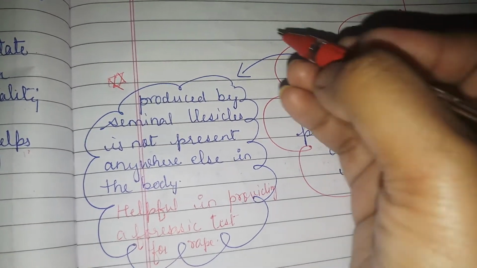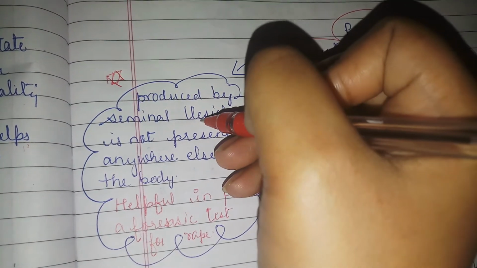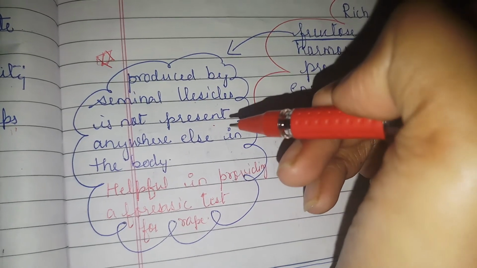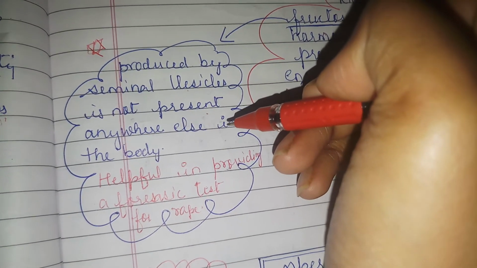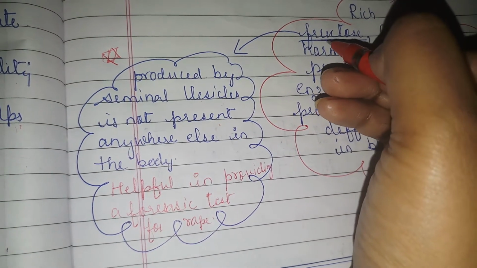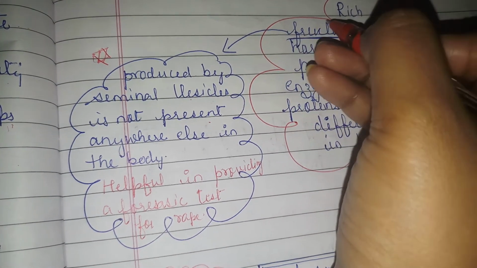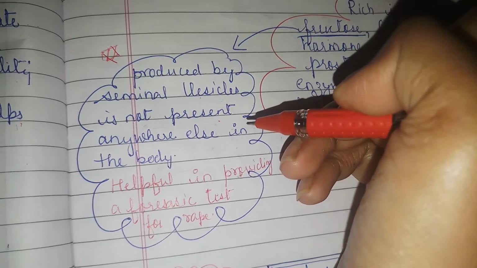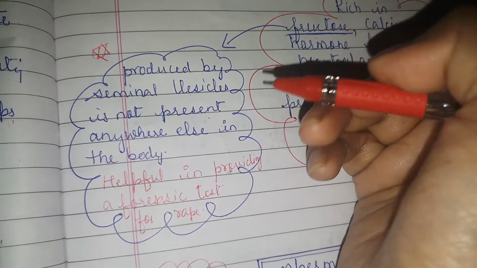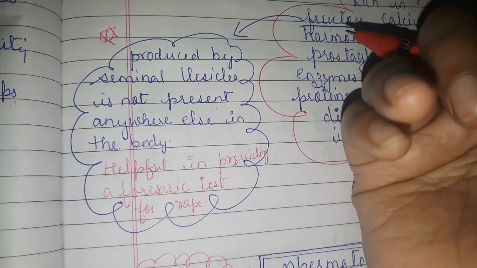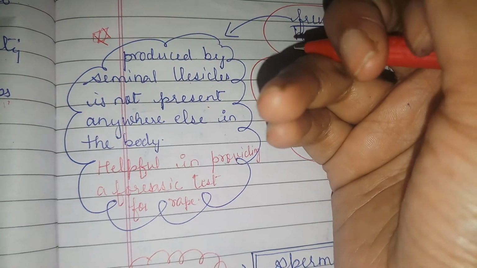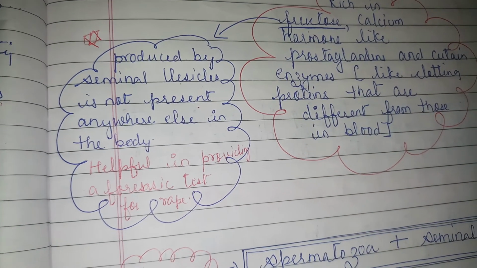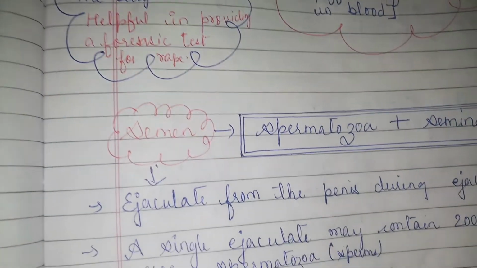The fructose produced by the seminal vesicle is not present anywhere else in our body, and this is the only reason it provides a forensic test for rape cases. If this fructose is found in the female genital tract, it suggests there may be chances of rape if a case is filed. In that case, it provides help to the forensic agents, right?